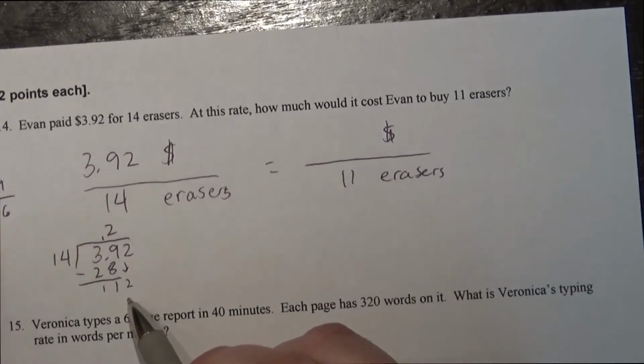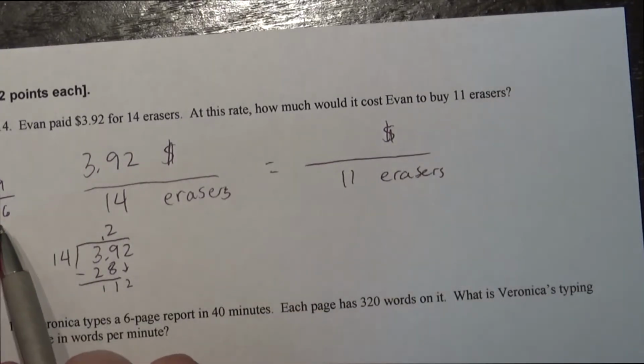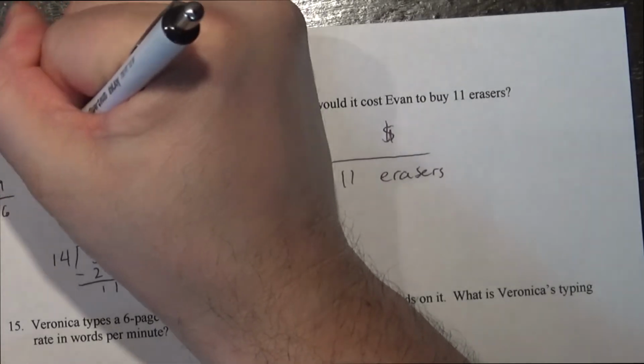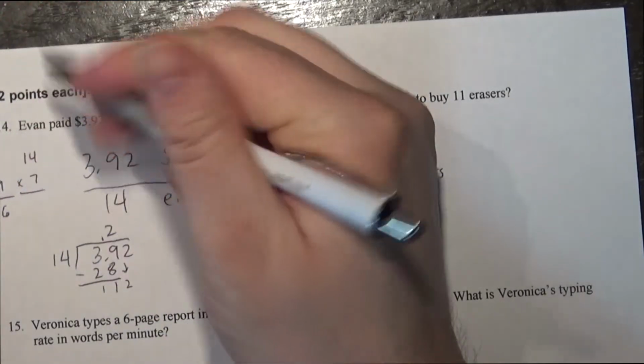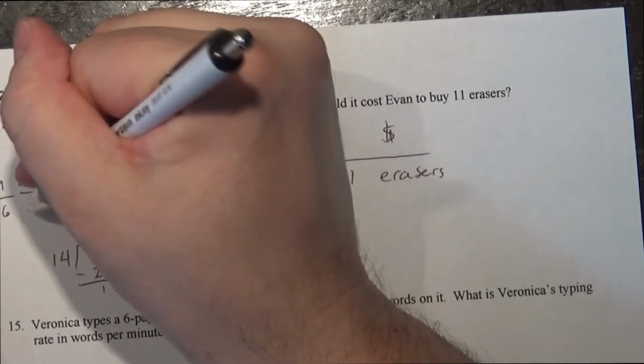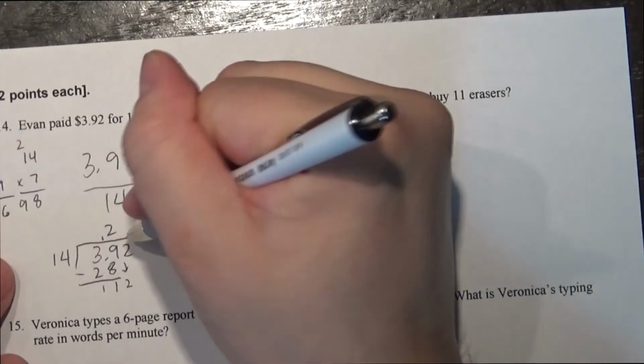Ooh, just a little bit too much. If I just subtract 9 from here, that's what 14 times 8 is going to be. All right, so that's still a little too much. So I think I need to go 7. I'll just double check this here. 14 times 7. 4 times 7 is 28. 7 times 1 is 7, plus 2 is 9. That's 98.